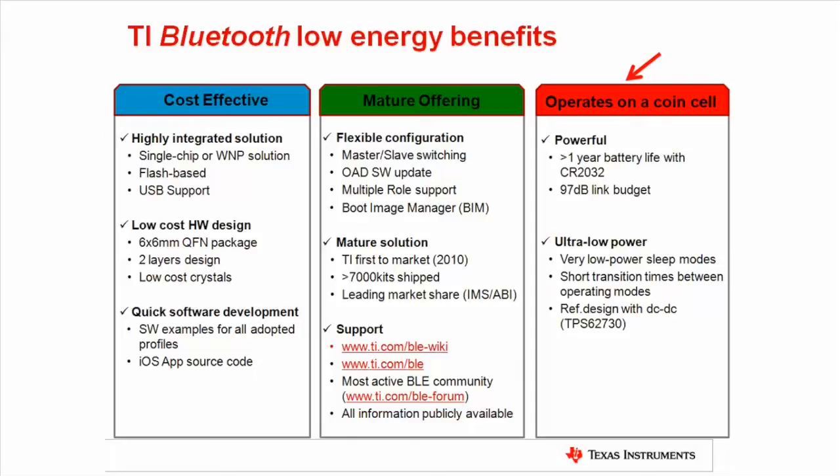Our solution also limits the overhead power consumption during operation mode switching thanks to a set of low power sleep modes. As a TI companion chip, the TPS62730 low power DC-DC converter can reduce peak current consumption by another 30% by lowering the actual operating voltage of the CC2541 and thus improving efficiency for applications with high duty cycles.